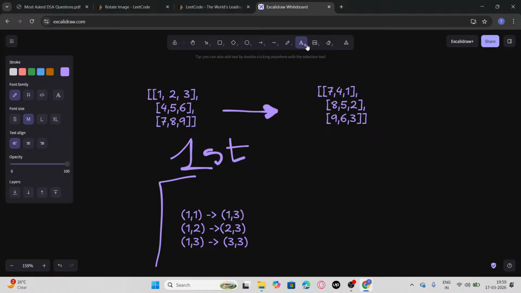And for the other one, I don't know who marked it medium. It doesn't look like a medium problem at all. This is at 2 comma 1 position, and it's going to 1 comma 2 position.